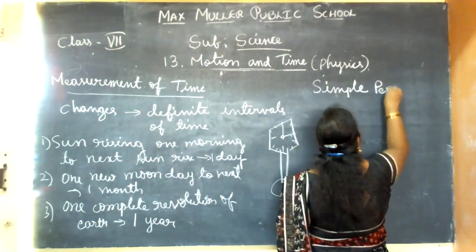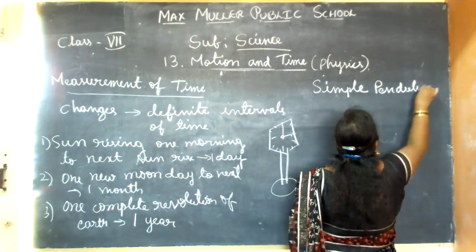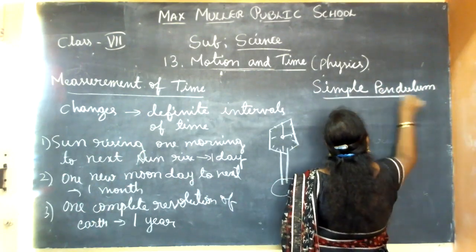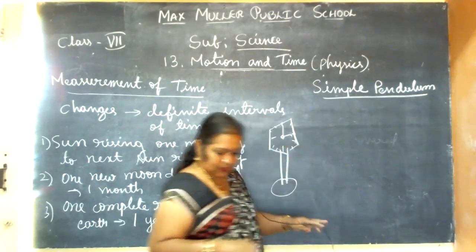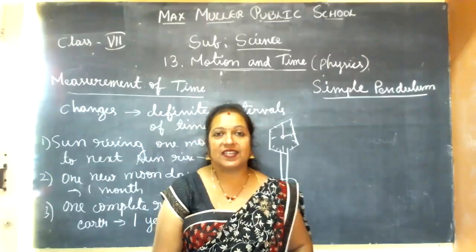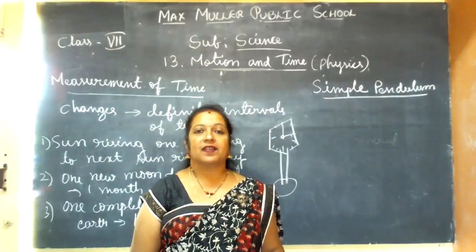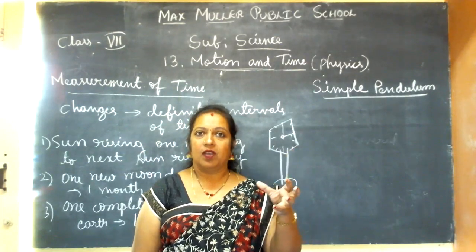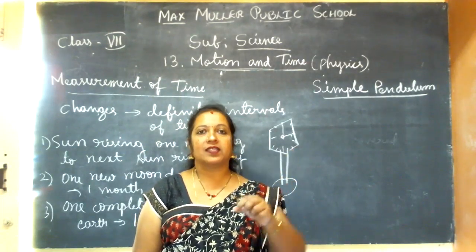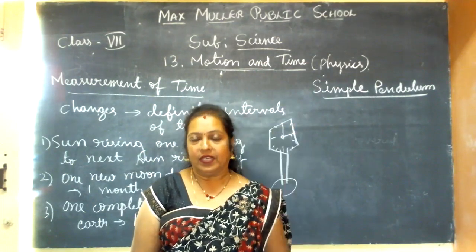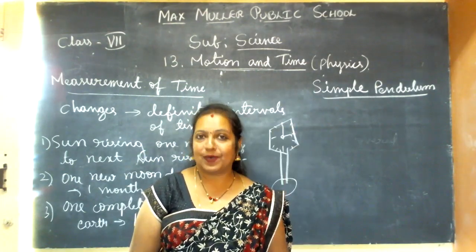Simple pendulum. Already I told you in the last class what a simple pendulum is. It is nothing but a ball or any heavy body tied with a thread. That is what we consider a simple pendulum.